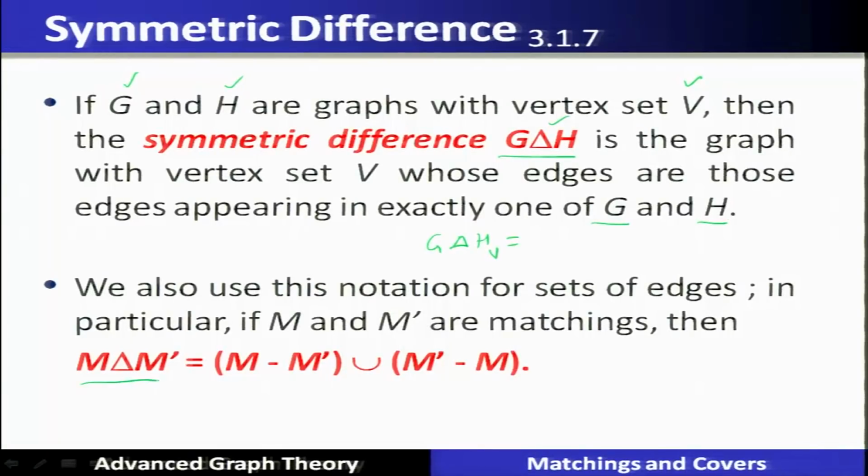Or in another way, we can write down the symmetric difference if we take two matchings M and M prime. A matching is also a graph defined on the same vertex set.